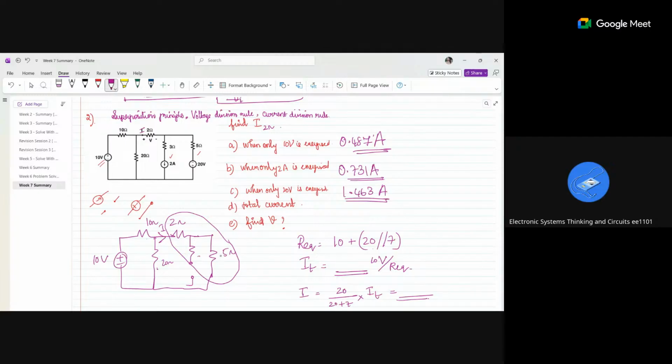Then what about the total current? The current here will be flowing in this direction. The current due to this will also be flowing in this direction, and the current due to this also in the same direction. So you can just add, right? What is the total current? 2.68. Yes, 2.68.